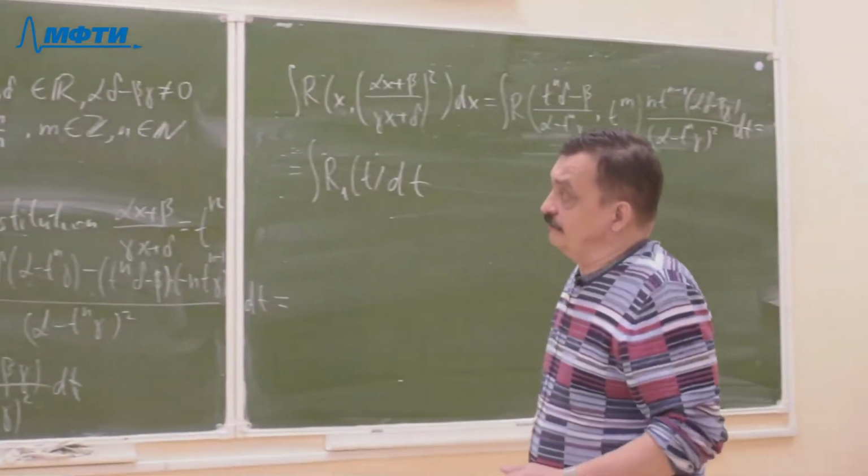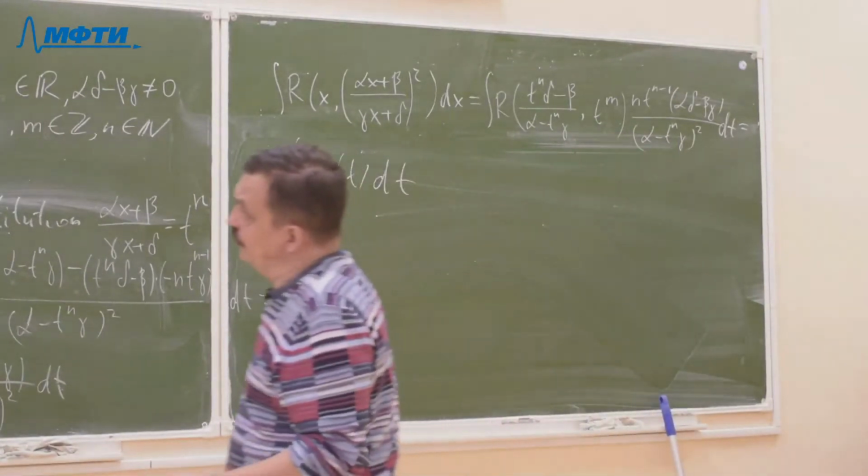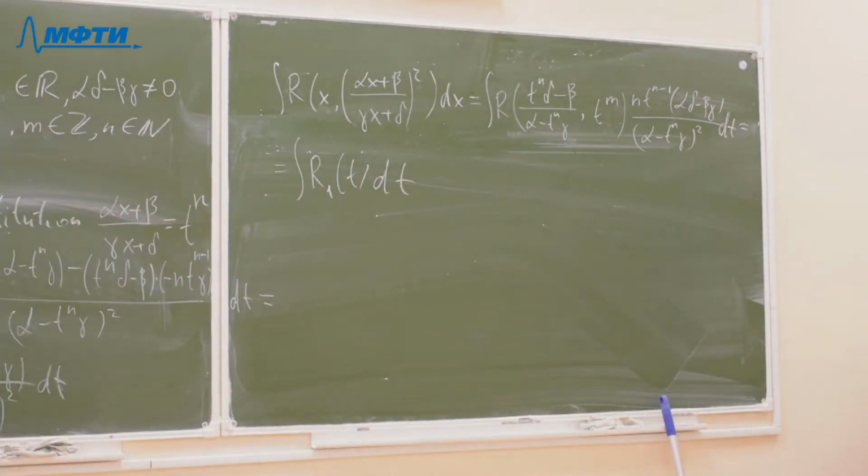So you see, in this case, we can transform our integral with the help of a suitable substitution to another integral of a rational function, and we know from the former section how to integrate an arbitrary rational function.